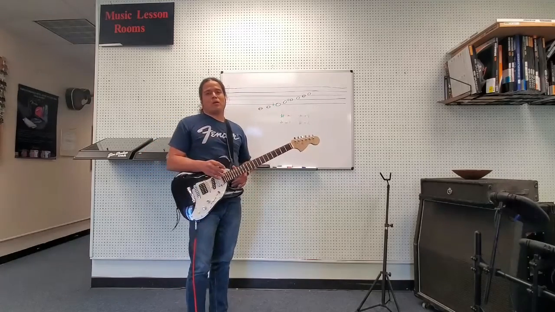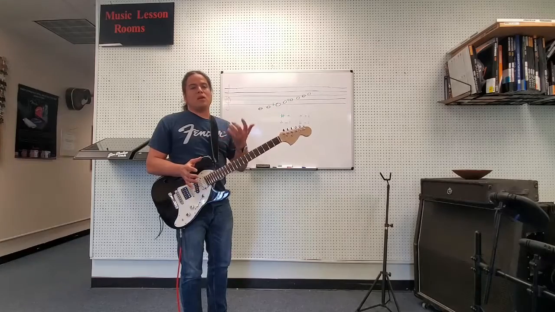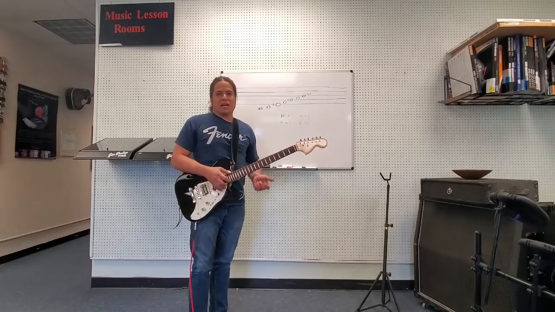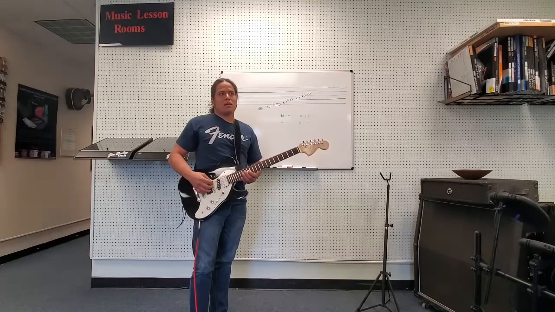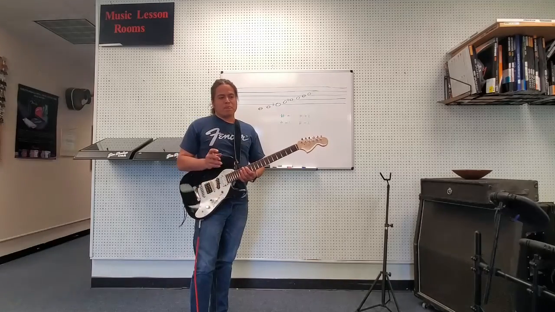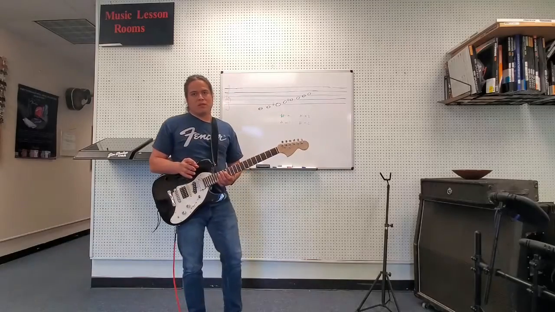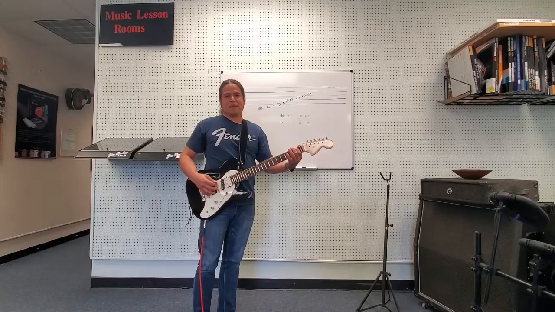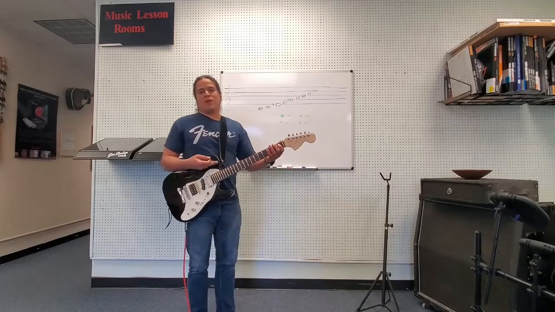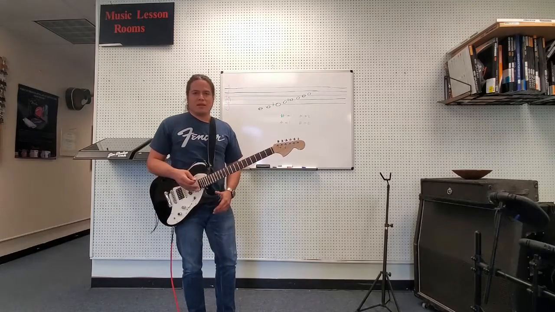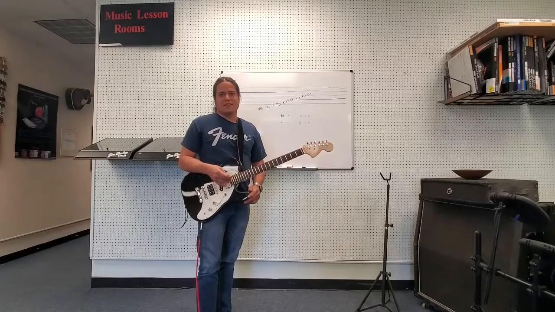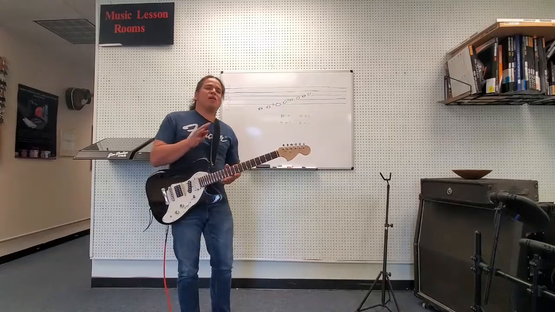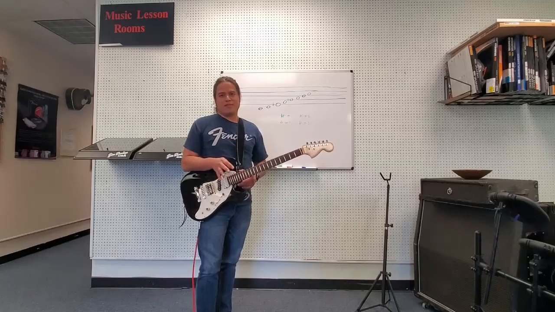Don't worry about whether a note that you're accessing with an accidental sounds like a note that you're playing in a conventional scale. What I mean by that is, if you see F flat, you say, well, but that was an E. It doesn't matter. It's an F flat. Don't overthink it. Just look at the accidental and play what's written, and you'll be fine.